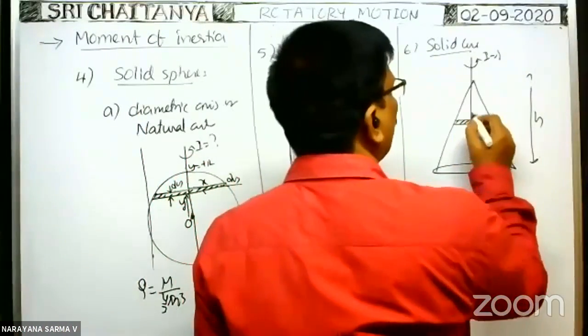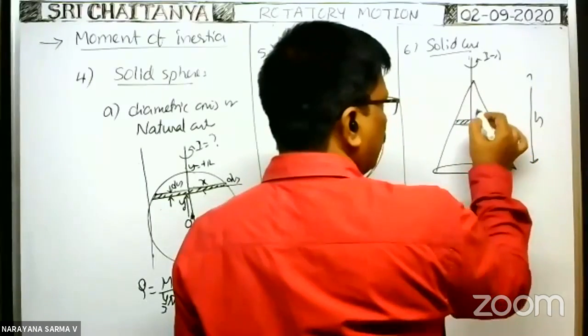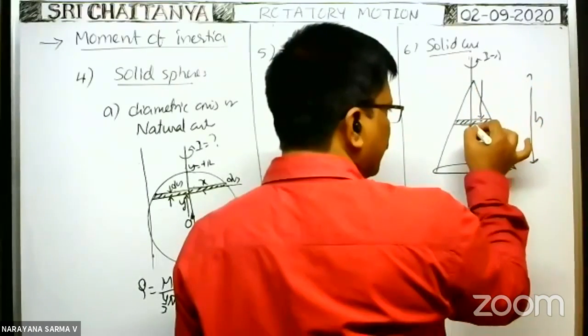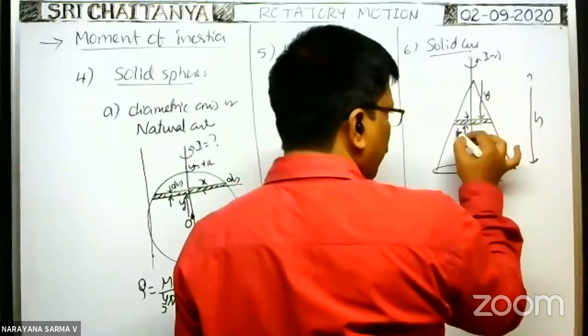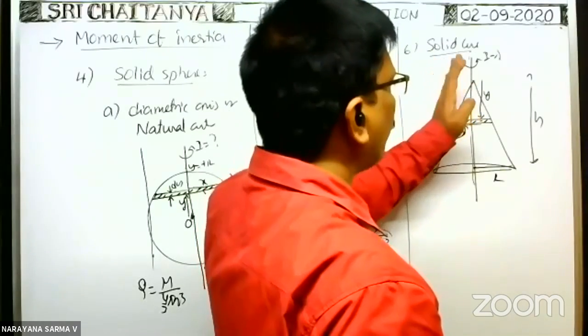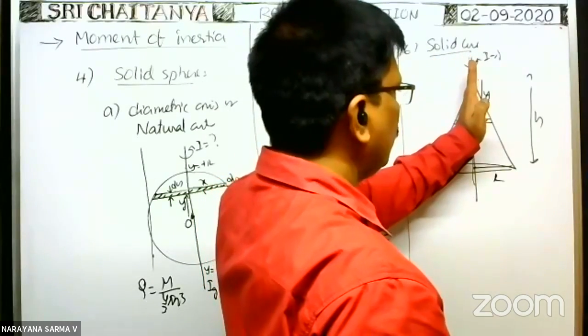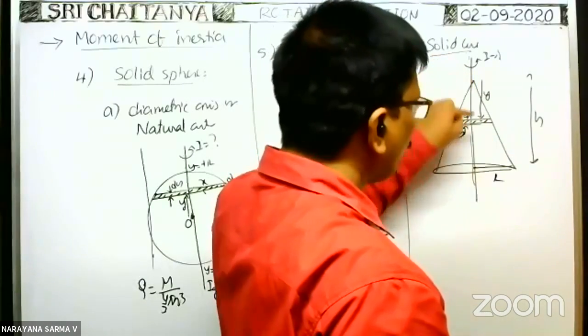So about this axis, you find the moment of inertia of the disc. Here from this vertex, this element is considered at a distance say y, whose thickness is equal to dy. Then you find the moment of inertia of the disc about this axis. Then you integrate between the limits y equal to 0 to y equal to h.